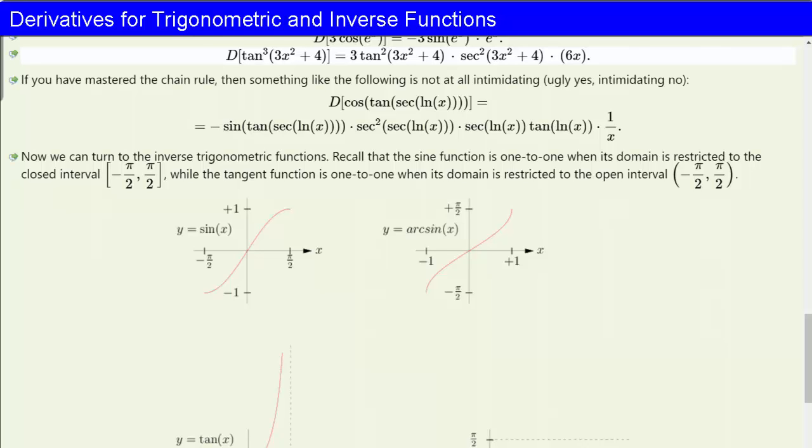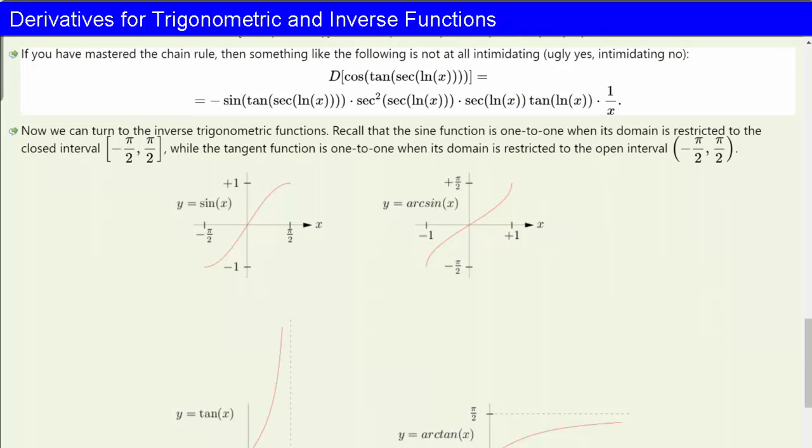You have 3x squared plus 4. You multiply this by the derivative of the function that's inside the cubing function, which is the tangent. The derivative of tangent is sec squared, and you don't change anything inside. You leave the polynomial 3x squared plus 4. So you get sec squared of 3x squared plus 4. And then finally, you go inside the tangent function and differentiate 3x squared plus 4 to get 6x.